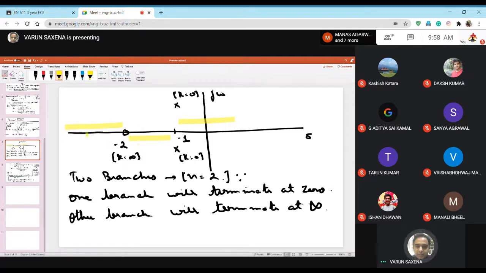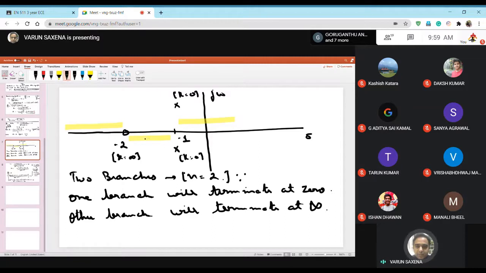So this region lies on the root locus. What about this region here, between -1 and 0? And the rest of the region? Nothing. So the only region that lies on the root locus on the real axis happens to be to the left of -2.